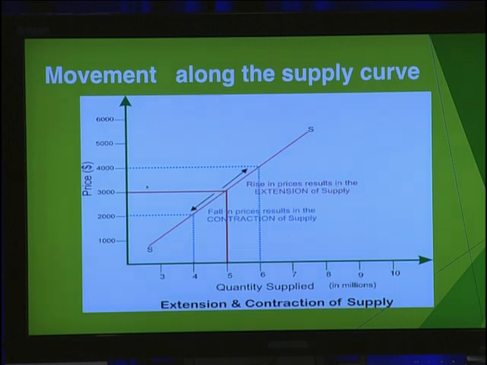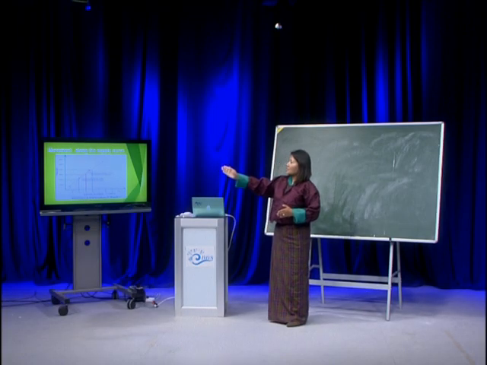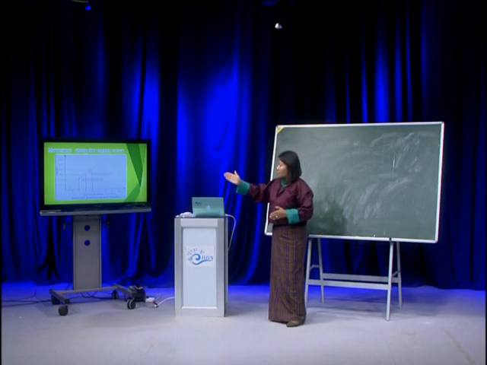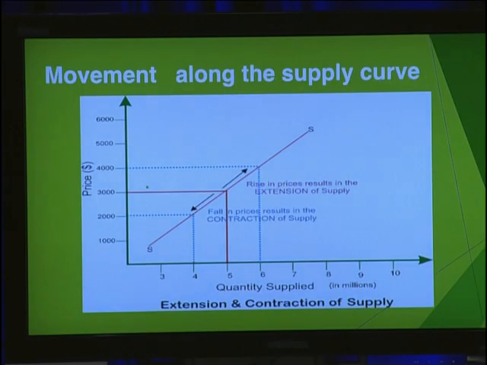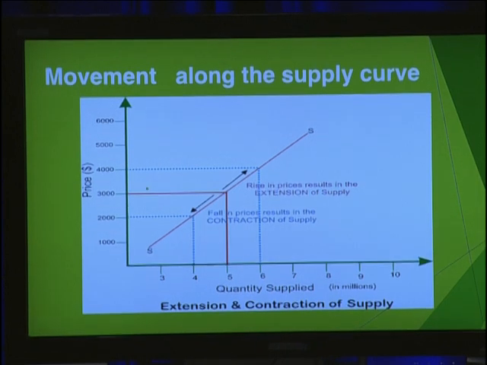So from 5 million, it has increased to 6 million. Why? The main reason, price has increased from $3,000 to $4,000. So that is the extension of supply explained graphically.